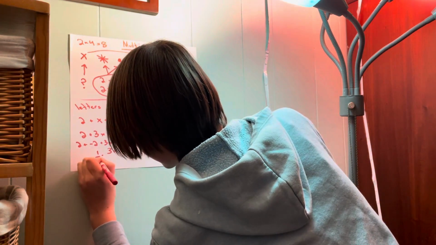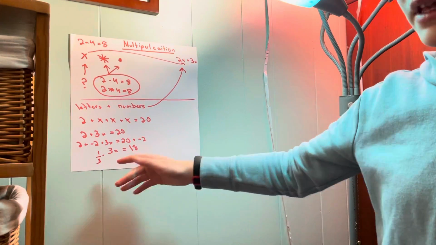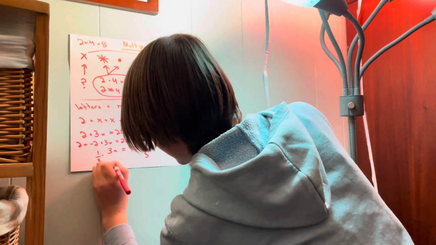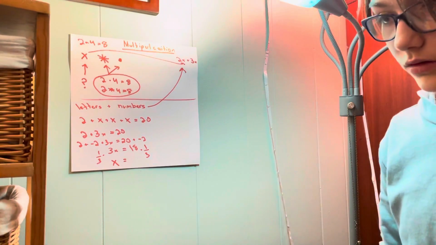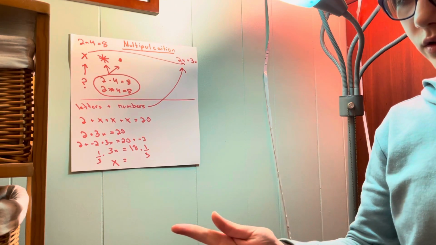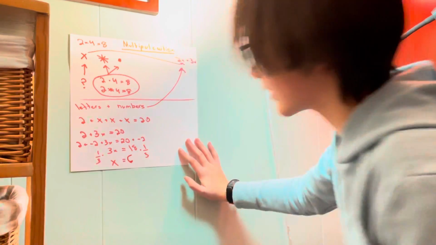But then whatever number has the variable, you times it by the fraction. So you do it for both of them. So then it would be x equals 3, 6, 9, 12, 15, 18, which would equal 6.